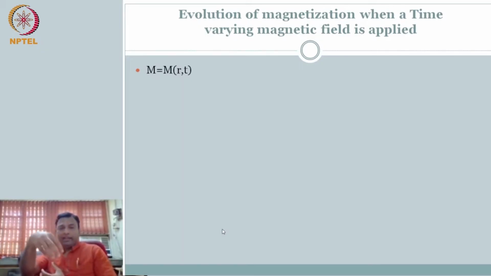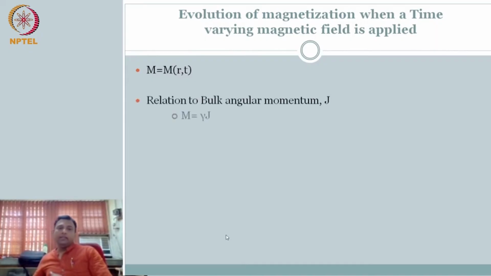That is, where is this volume coming from, and it is varying with time. So it's a function of R and T. We talked about the relationship between these at the microscopic level. We talked about the spin, angular momentum, and the magnetization vector. Remember, we used a mu for the microscopic spin. So we had a relationship there. Therefore, naturally, if you take a volume, when you have a net magnetization vector, capital M, that has to be related to the bulk angular momentum.